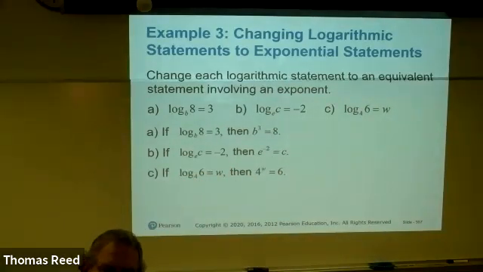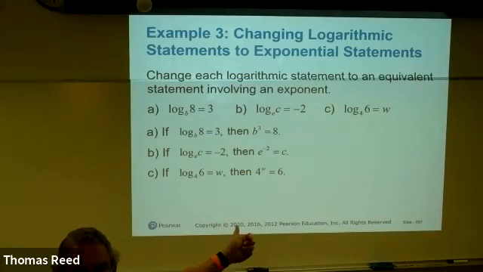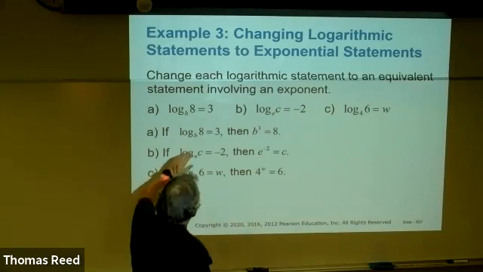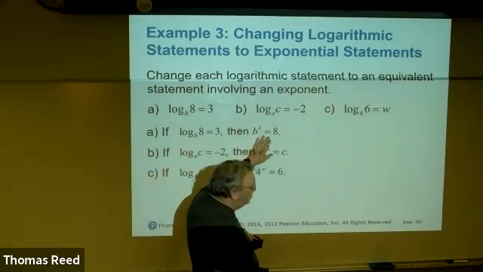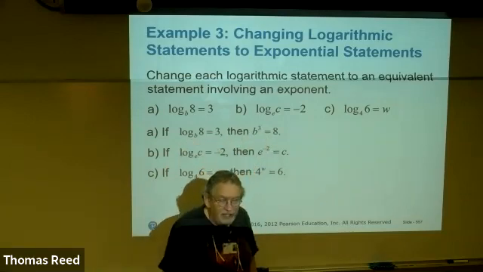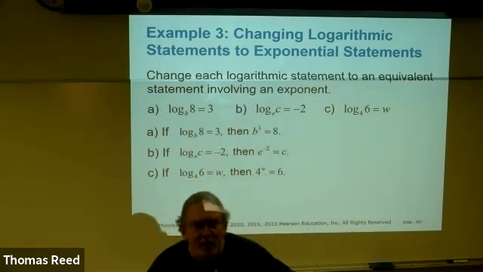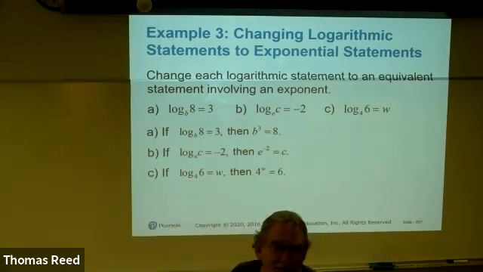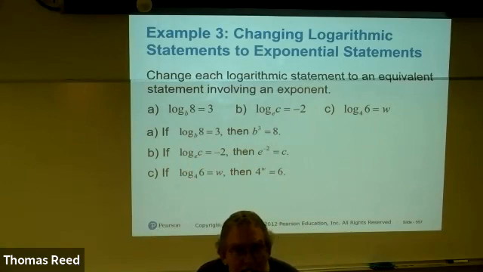You will have a total of 6 problems on the next exam that deal with these types of conversions. 1 is from logarithm to exponential, and 3 of them are from exponential to logarithm. I see these as easy problems. You're going to have 6 of them. That's 60 points.